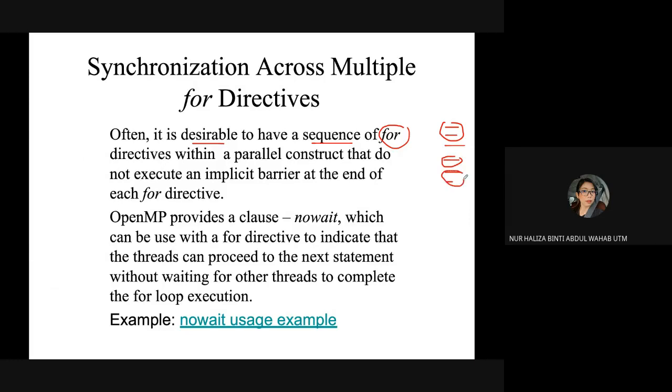So how are you going to execute them in sequence? You need to decide which one is first and which one is second, and so on. Of the for directives within your parallel construct, none execute an implicit barrier at the end of the directive. Let's say this is your task A, task B, task C. All these four you need to perform in parallel. But how are you going to define it in terms of sequence directive?